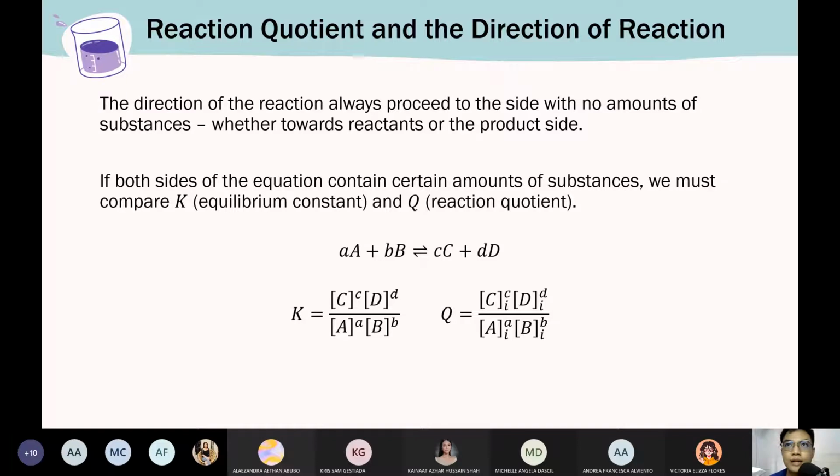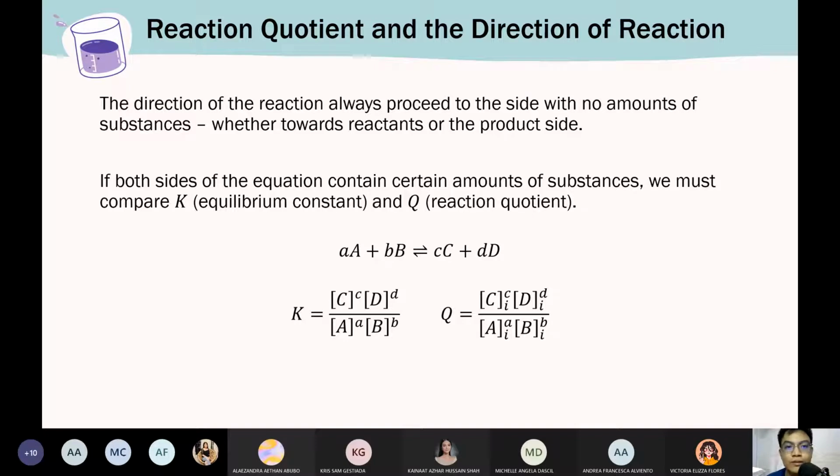Now, the flow of the reaction may go in one direction or the other. When I say one direction or the other, I'm pertaining to reactions proceeding to the right side, or the formation of products, or pwede rin naman the reactions to the left side, proceeding to the reactant side. Depende sa dami ng initial chemicals mo, one side of the reaction will be favored.